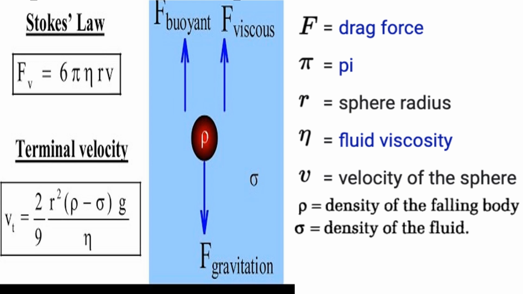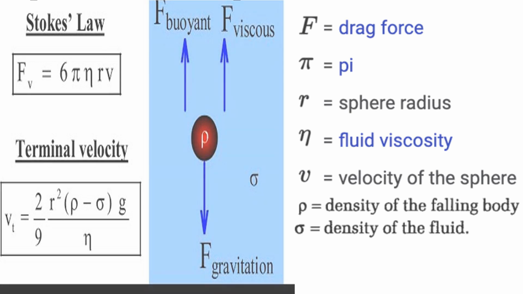Following is the Stokes equation. In this formula, Fd is the drag force acting on the sphere, r is the radius of the sphere, and u is the relative velocity between the sphere and the fluid.